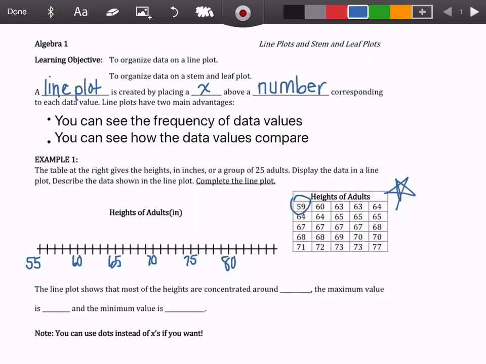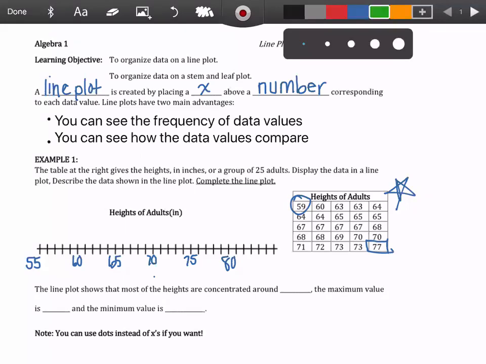You could start at 59, but since I decided to make the number line go by intervals of 5, I started at 55 and I ended at 80. 80 is going to take us past the biggest number. So putting the numbers in order helps us organize our intervals on the line plot.